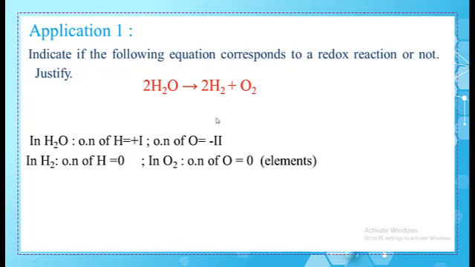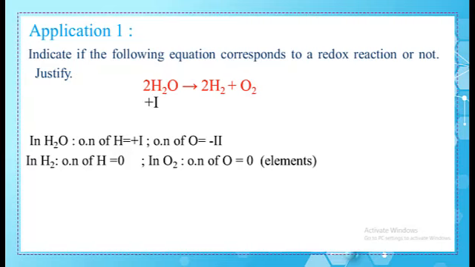So the oxidation number of H in H2 is 0 because it's an element, and the same case for oxygen O2: we are determining the oxidation number of O in oxygen. It's equal to 0 because it's also a free element.